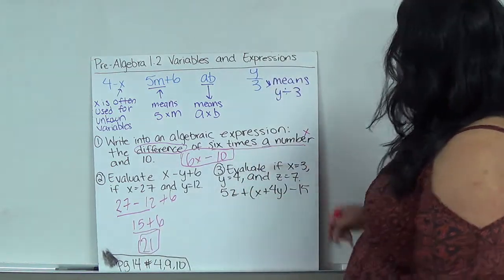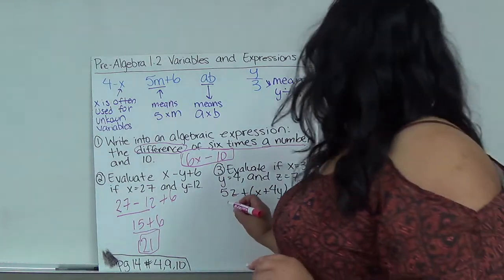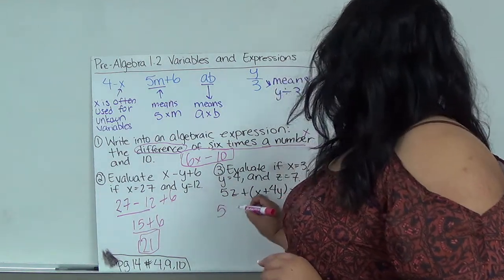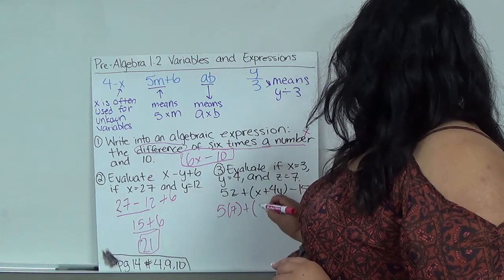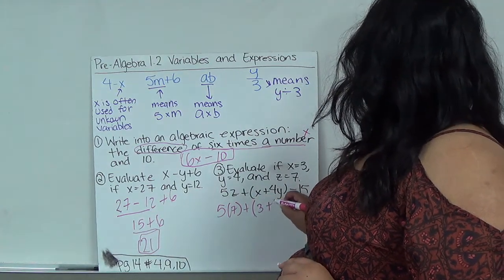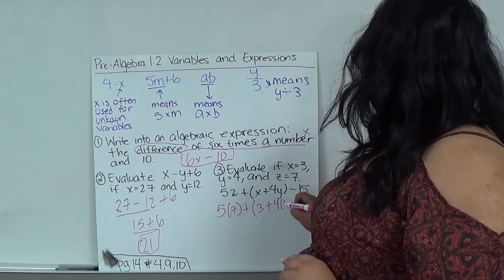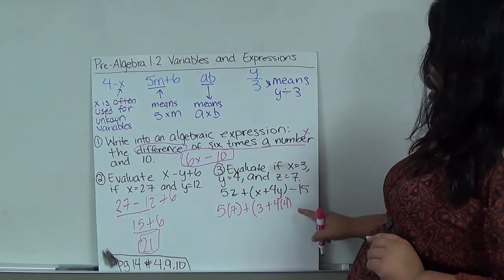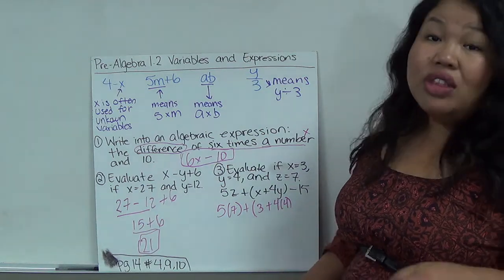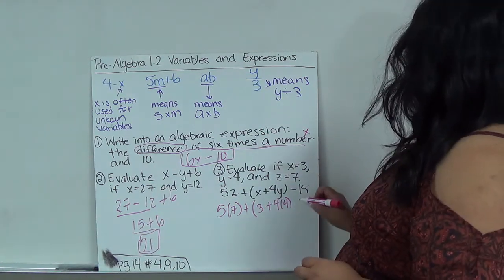Right? The next one is similar, but now there are 3 variables, so let's plug those in. 5 times z, which is 7, we'll put that in parentheses, plus x, which is 3, plus 4 times y, which is 4. You see how they're next to each other? When they're next to each other, I'm going to put parentheses so you don't think it's 44, you know it's 4 times 4, okay?